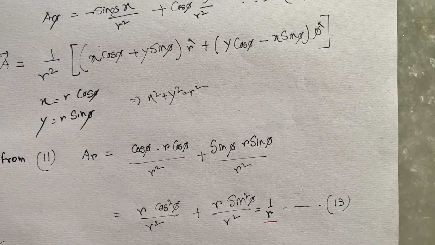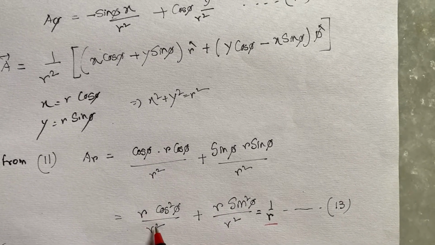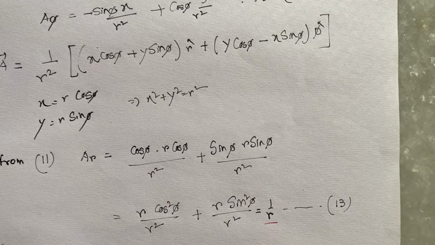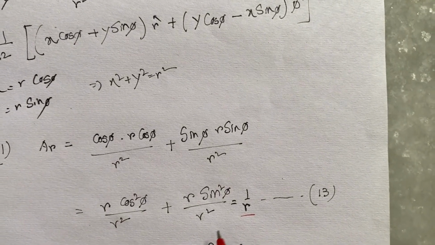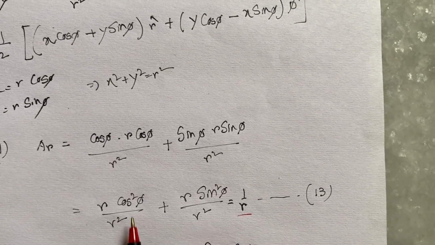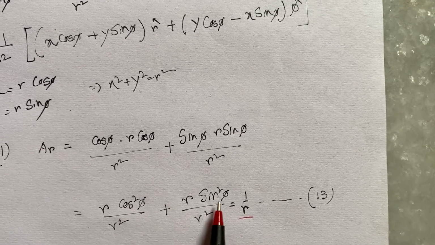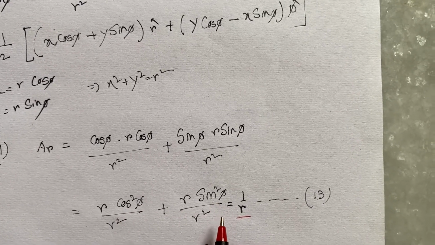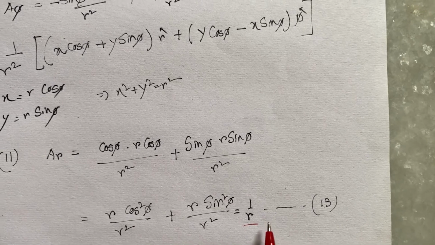Now this r and this r square will cancel each other, and I will have 1 by r only, and I am left with cos square phi plus sin square phi, which gives me 1. So AR is nothing but 1 by r.